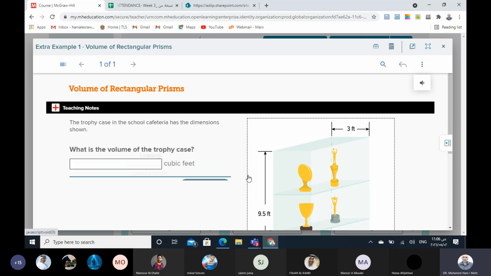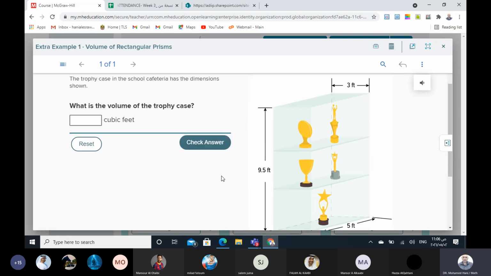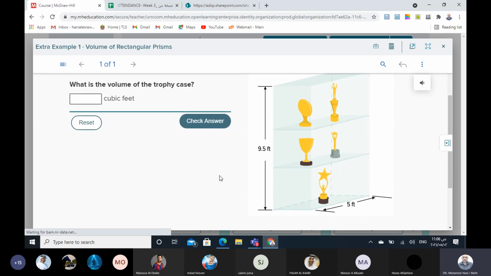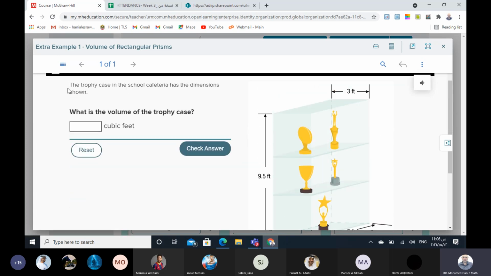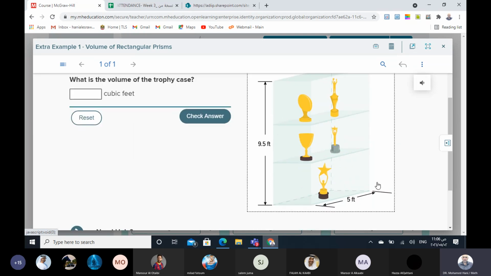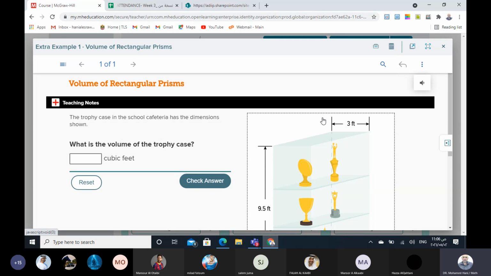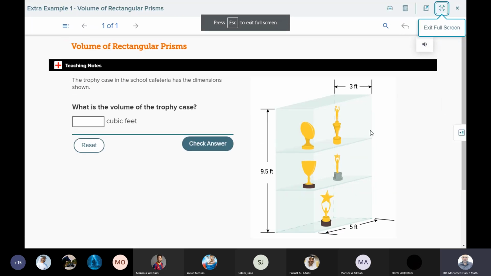Volume of rectangular prisms. The trophy case in the school cafeteria has the dimensions shown. As you see here, we have a rectangular prism.